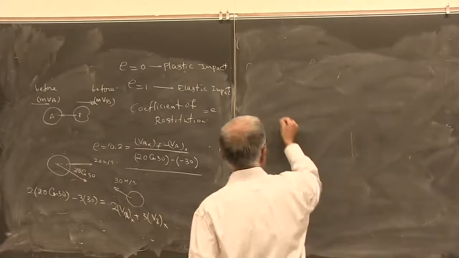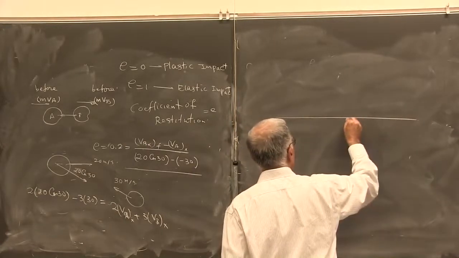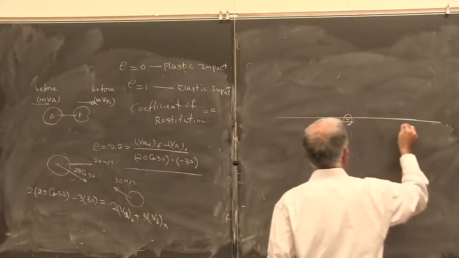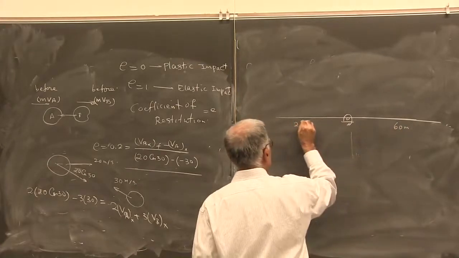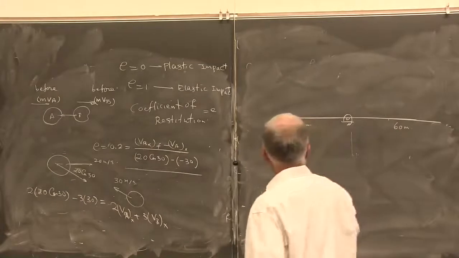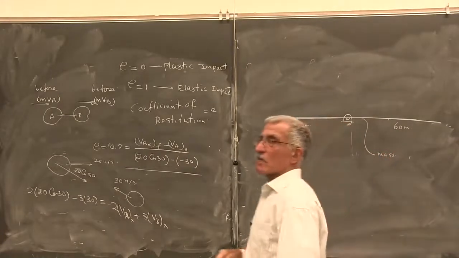Let's say that you do have something here, a bar, and this length is 60 meter, and this length is 20 meter, and this bar is sitting, and let's assume this bar is massless. Later on, I will solve a problem that the bar is not massless.